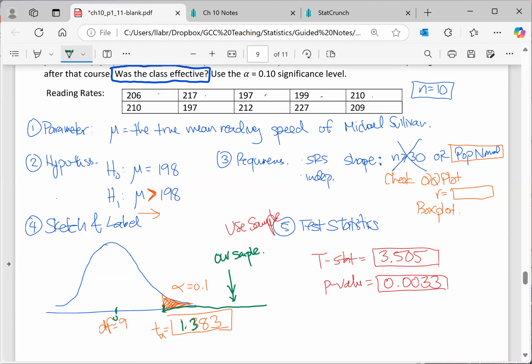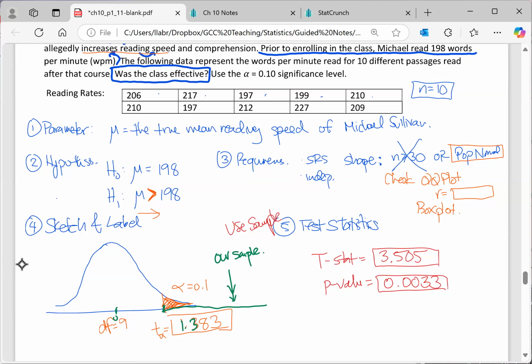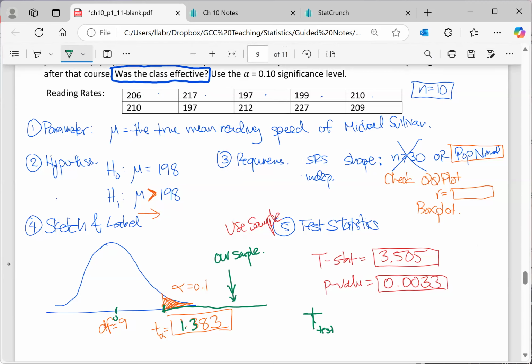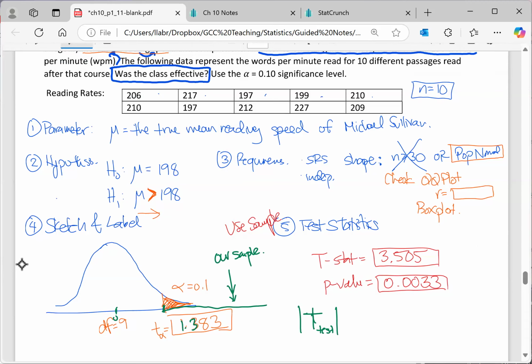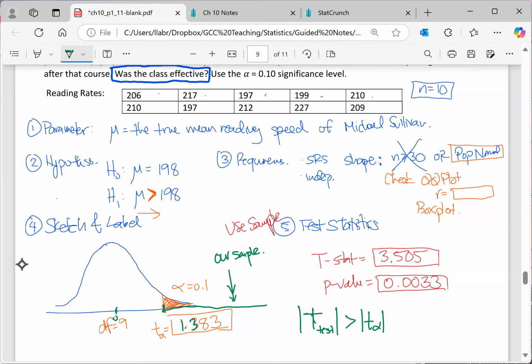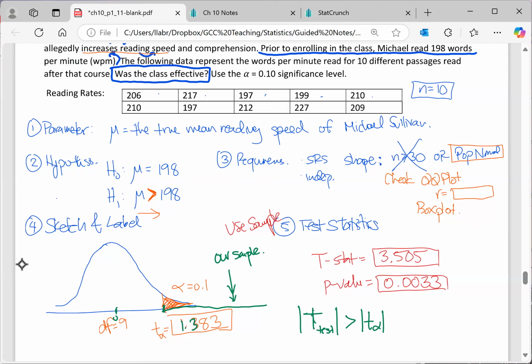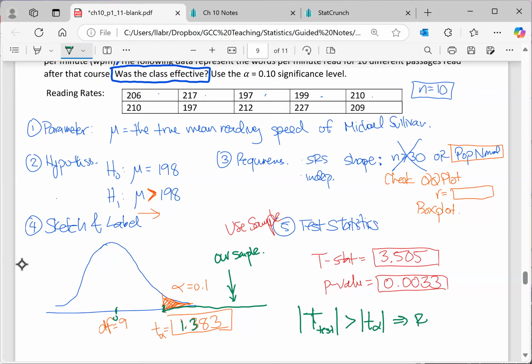So again, what this is saying is that our test statistic t in absolute value is greater than the absolute value of t sub alpha. So in other words, our test statistic is further away from the center than t alpha. So we're in the critical region. Because of that, we're going to reject.